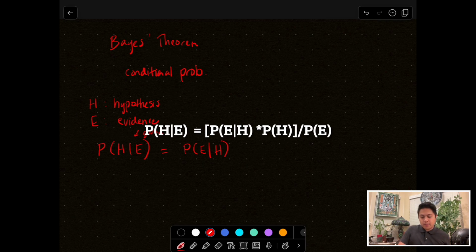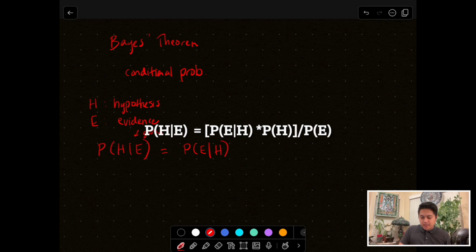This is what is known as a prior. That's sort of the credence you would give to the hypothesis being true in the absence of seeing any data whatsoever. And all of this is divided by the probability of seeing the evidence.